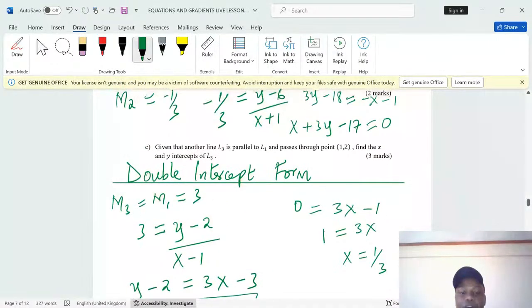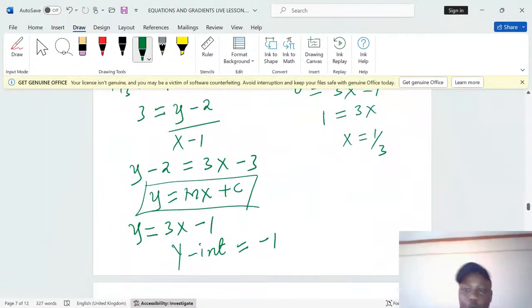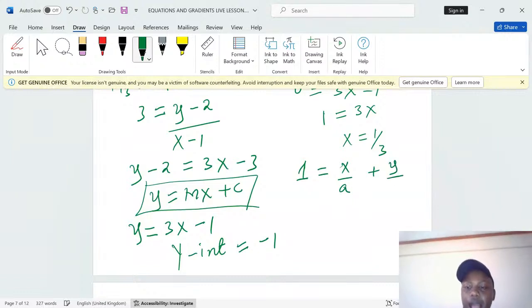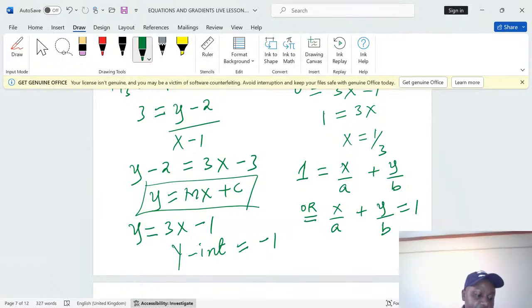Now, when we talk about the double intercept form, we mean when the equation is in the form x out of A plus y out of B equals to 1. So when the equation is in this format, it is said to be in the double intercept form.